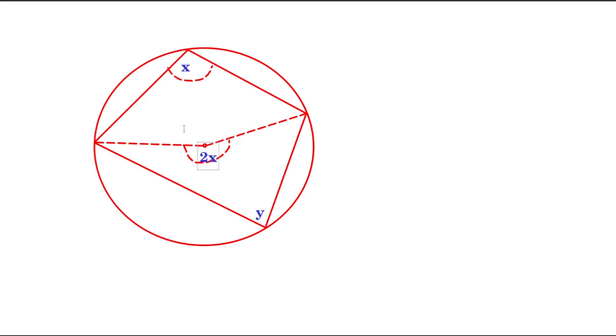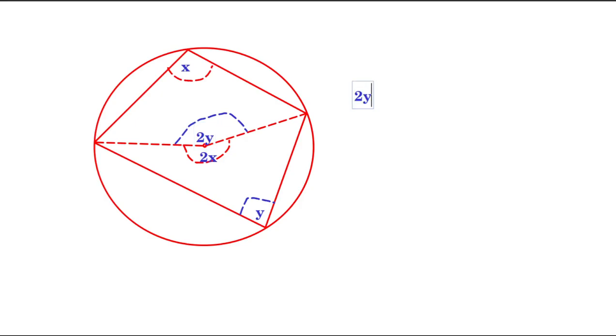Same applies to the one on top here. This angle here, the angle at the center is supposed to be twice this one. So here we are having what? A 2y.